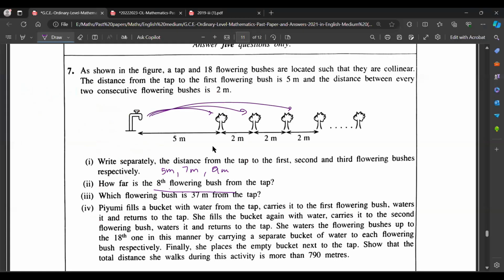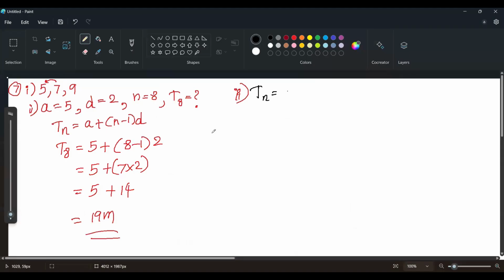Next, for which bush is the distance 37 meters from the tap? The distance mentioned is 37 meters, which means Tn is 37. They ask for the bush number in the end. The common difference is 2 and a is 5.